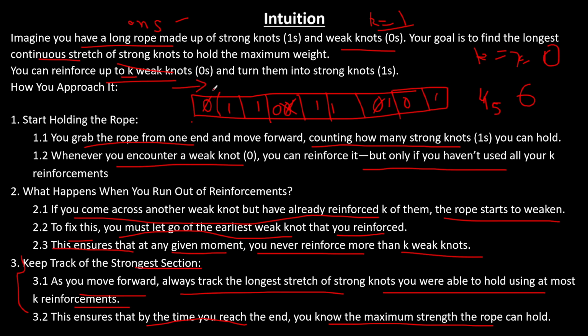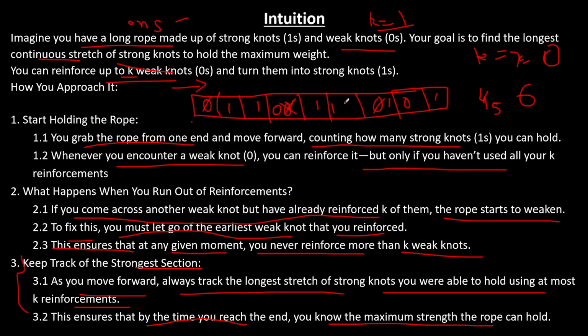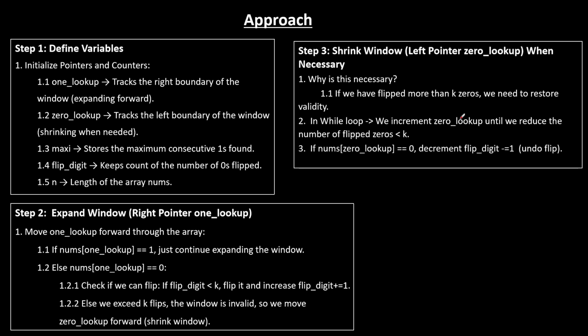So if you can recall, this is a sliding window question, but this is a dynamic window, and here we are using the concept of shrinking. So I hope you understood the explanation and how we concluded that the problem is a sliding window problem. Now let's move to the next slide.